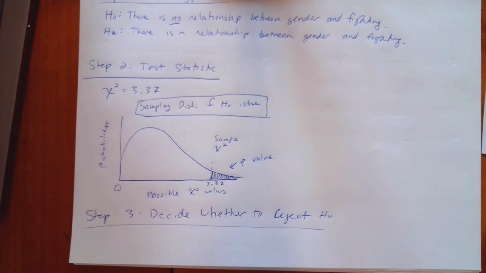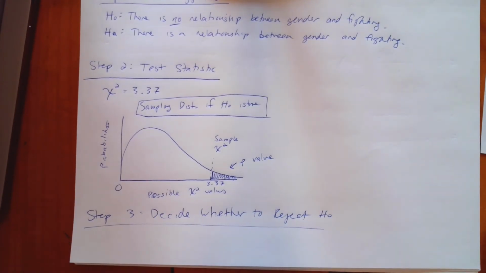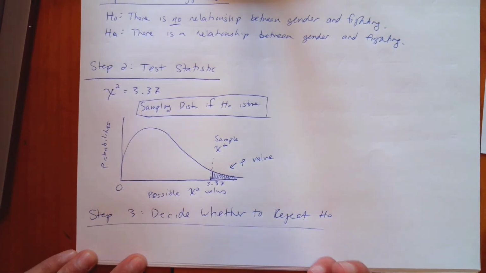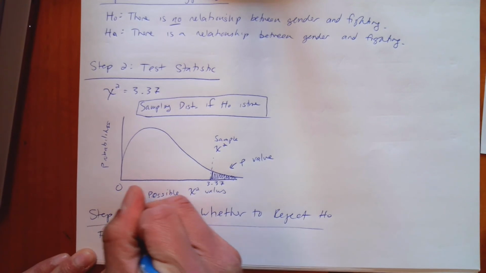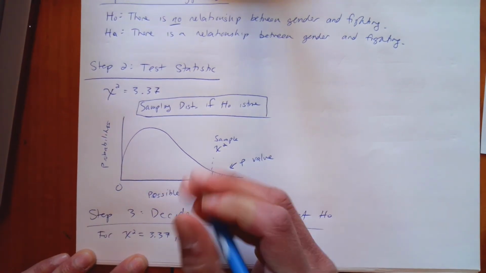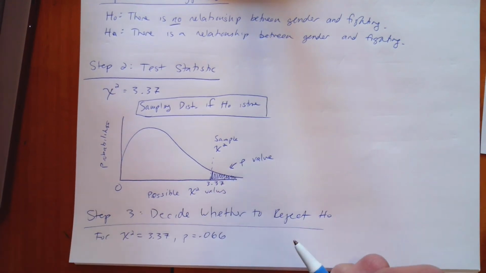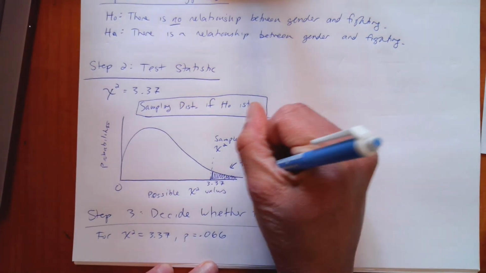But since you're off the hook for calculating anything in this part, I'm just going to tell you that the value is 3.37, and we're going to use that to decide whether to reject the null hypothesis. So for a chi-square value of 3.37, you get a p-value of 0.066. So the area under the curve here is 0.066.